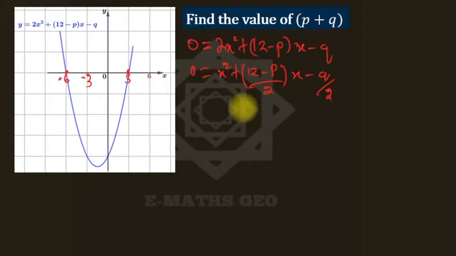So again, because we want to use the knowledge of our sum and product of roots, if we negate this, it is now minus, okay, let's say p minus 12 over 2. So I negated this. That's still correct. If you open up, we'll still get this. But I made it negative. You see why.